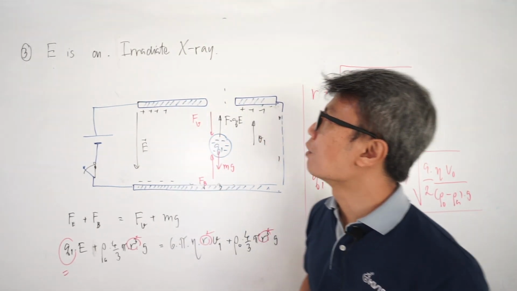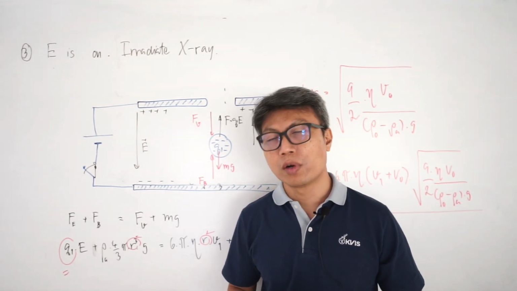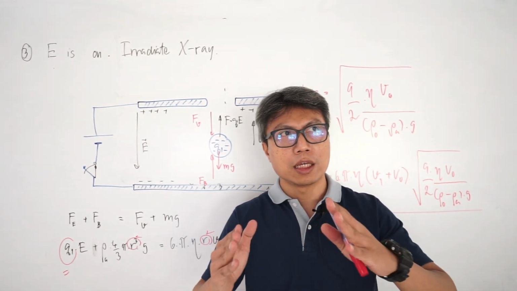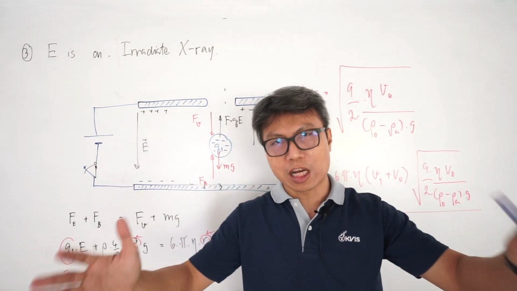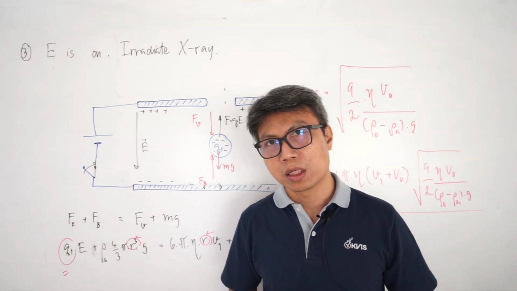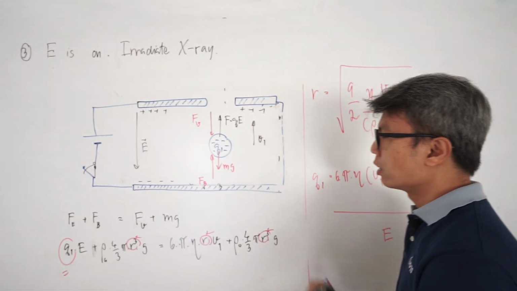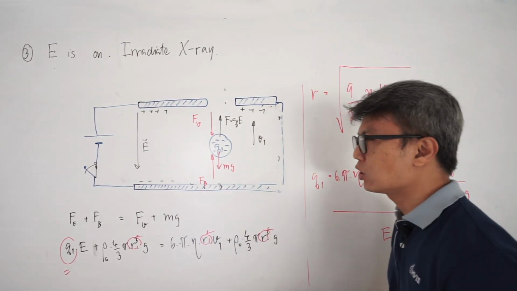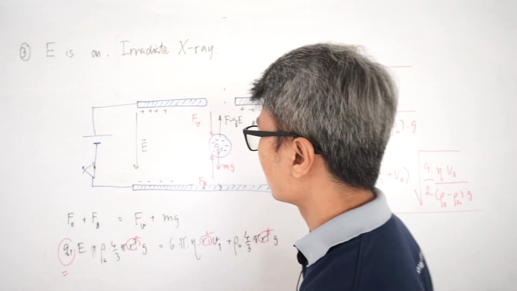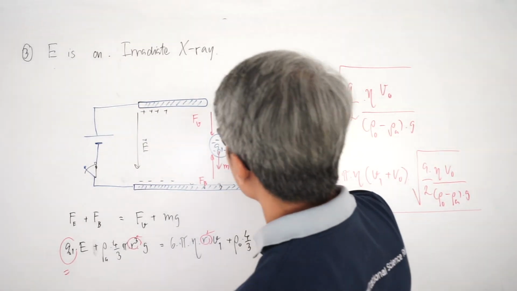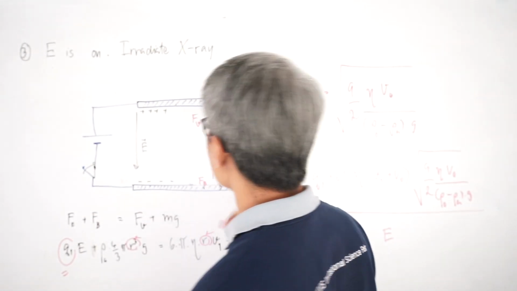If you look at the property of X-ray radiation, you know that X-rays can ionize the air in the chamber. And when the air is ionized, it might be possible that the charge we are interested in changes its value. For this one, the value might change from Q1 into Q2.